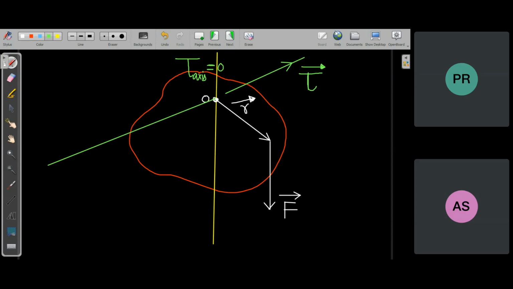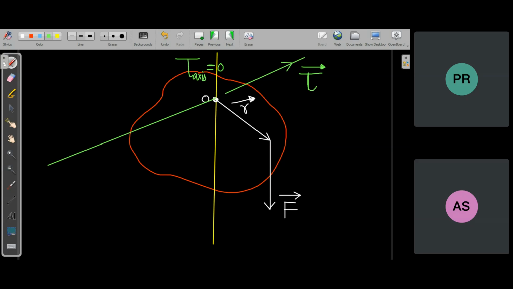Sir, generally, if we say torque in this particular direction, what is its meaning? Sir, does it mean the rotation is in that direction? No, there is no rotation in the direction of the torque. The torque direction is always perpendicular to the plane of rotation.